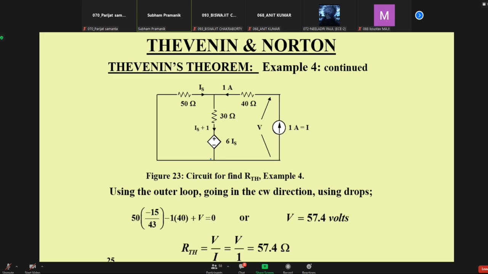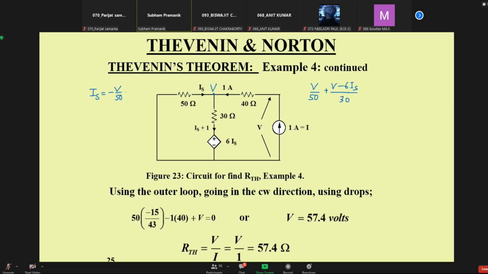What you are saying is that if this is voltage V, then you can assume this voltage as V, and then apply nodal analysis. Yes, obviously you can. Here you can write V divided by 50. Actually, that current is opposite, so I shall assume Is equals minus V by 50. Then there is (V minus 6) by 30.